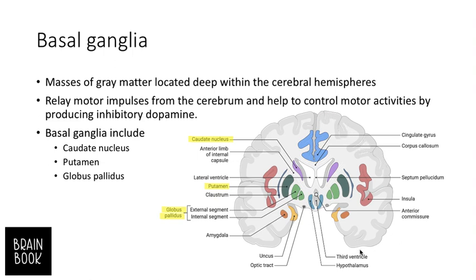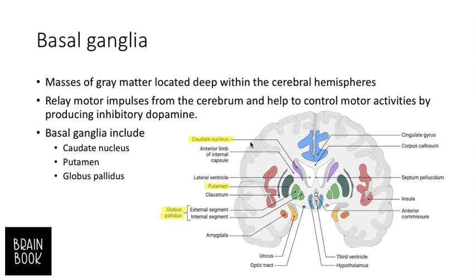However, there are some other inner parts that are called basal ganglia. They relay motor impulses from the cerebrum and help to control motor activities by producing inhibitory dopamine.